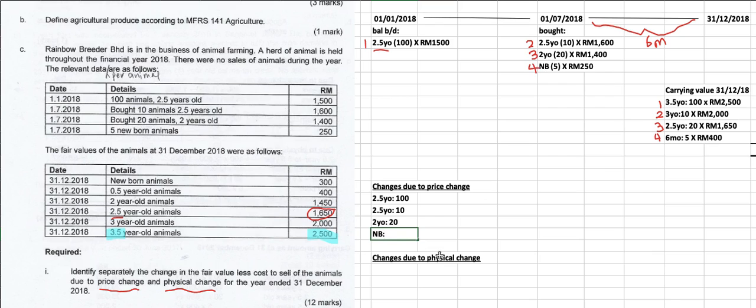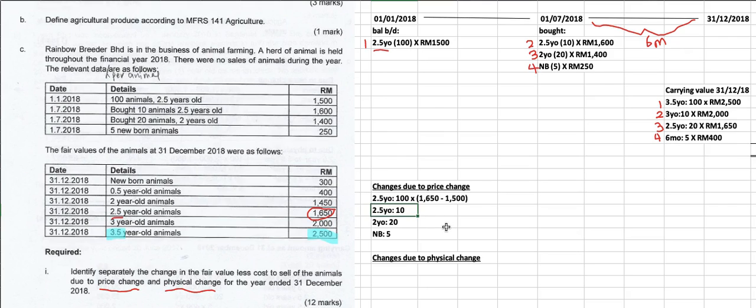This is 5 animals. Okay, so how we deal with this price change is that we compare the price at the end of the year and the price on the acquisition date at the same age, 2.5 years old at the end of the year and 2.5 years old on the acquisition date. So 100 here times, we take the end figure 1,650 minus the price on the acquisition date, that is 1,500.